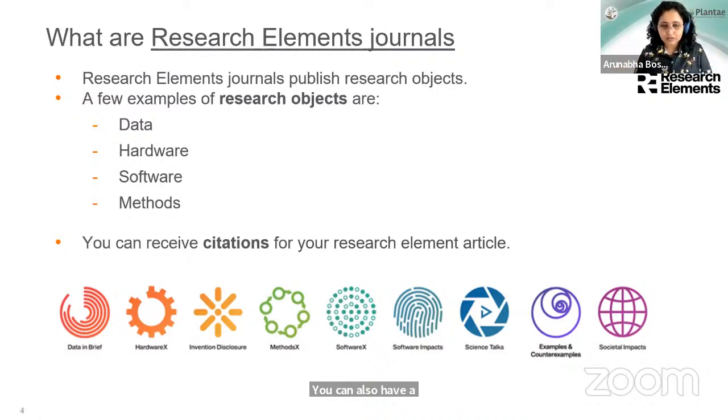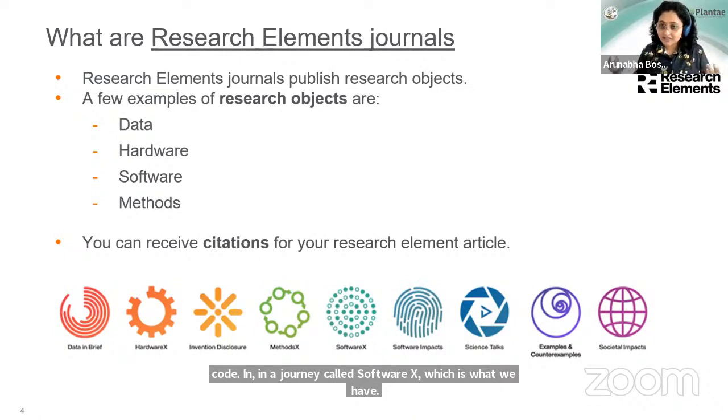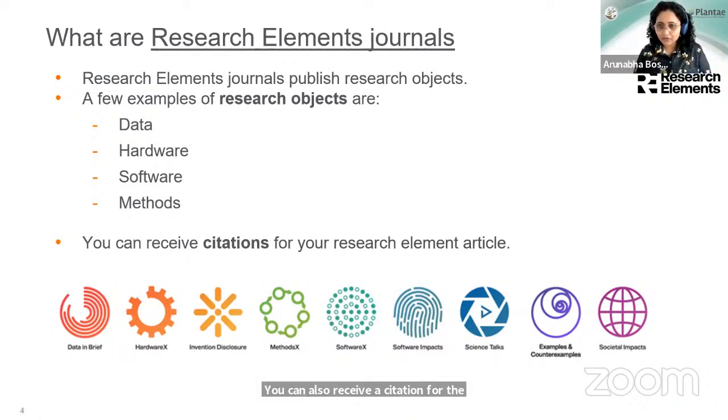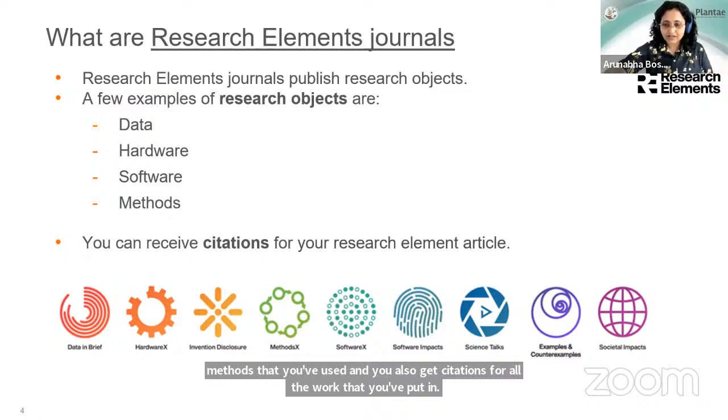So if you've generated some code to help you analyze your results, you can get a citation for that code in a journal called SoftwareX, which is what we have. You can also receive a citation for the methods. So you write a methods article, which focuses entirely on the methods that you've used. You write this in a way that makes it reproducible, that helps others find your data and the methods that you've used, and you also get citations for all the work that you've put in. That is what research elements journals do.